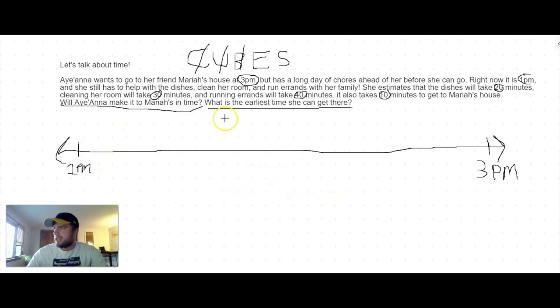We can do this in any order, but let's do it in the order that the problem gives it to us. So the first activity that we have to do is do the dishes. Let's draw a little hop here, and we'll call it dish.